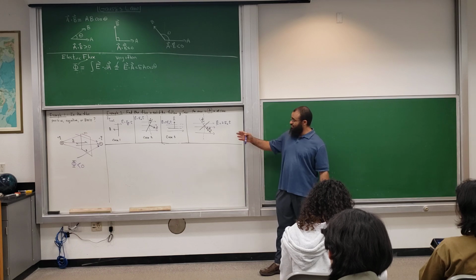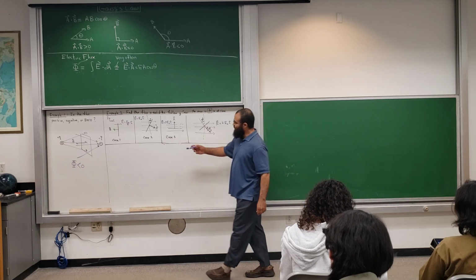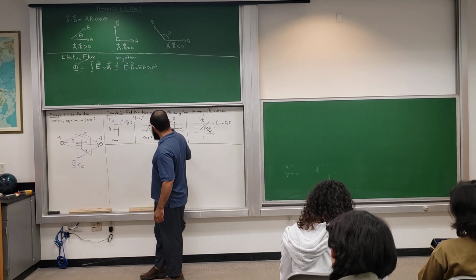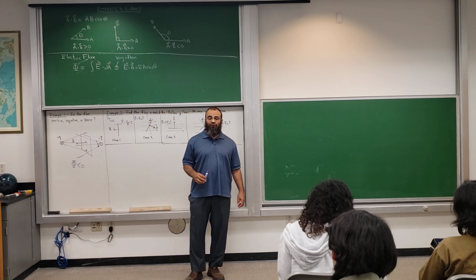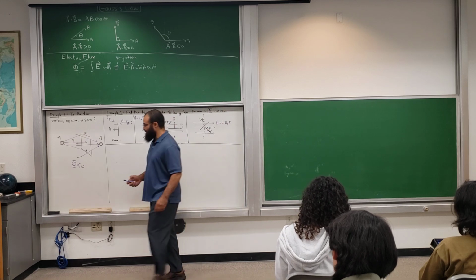We're going to go to the next, example 2. In example 2, we're more specific. You have 4 cases, and for each case, they want you to find the electric flux.